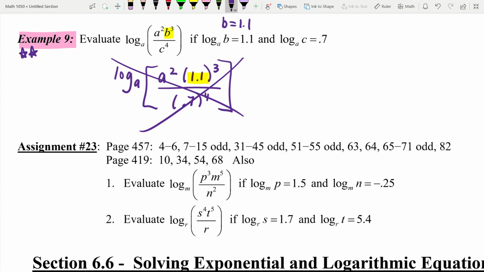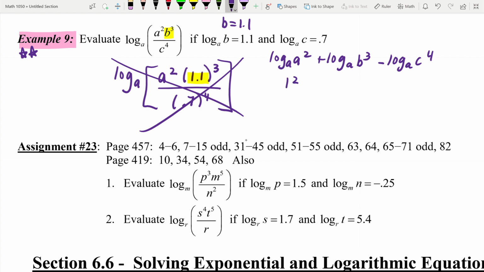Okay, let's expand it. So everybody go log base A of A to the second plus log base A of B to the third minus log base A of C to the fourth. Pull your exponents down. 2 times log base A, oh, stop for 2 seconds. Freeze right there. Another thing people do wrong, I just want to show you.